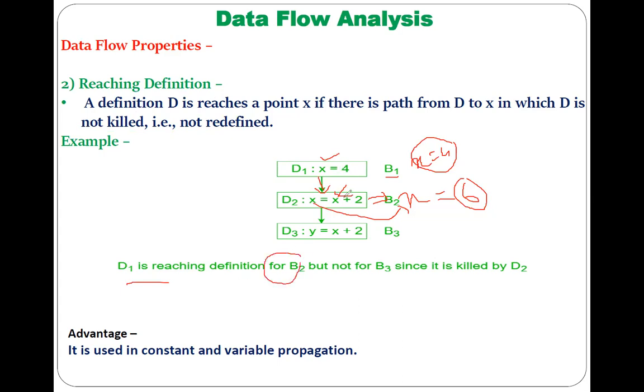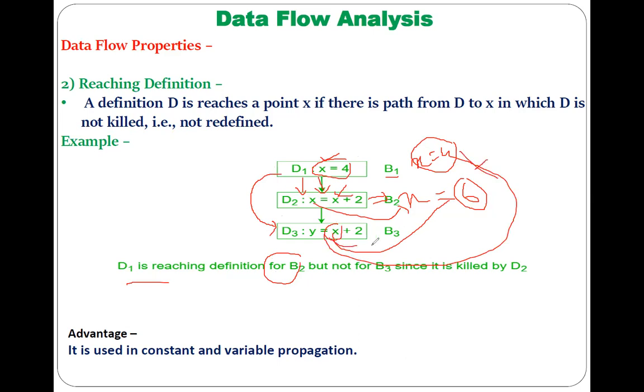The x equal to 4 is not getting killed, or redefined, until it reaches D2. But x equal to 4 is getting redefined before it reaches D3, because this x value is 6. This x value is not 4.